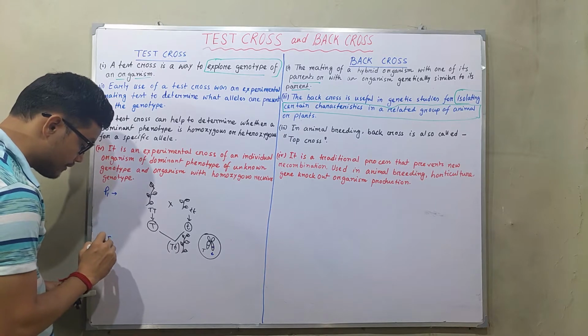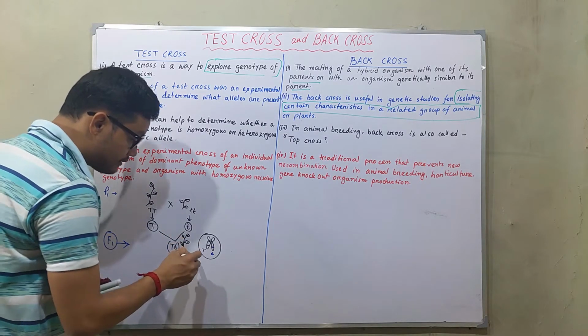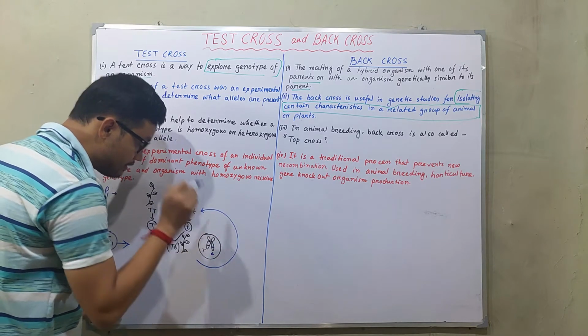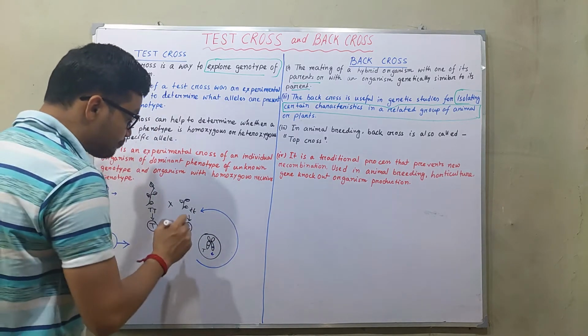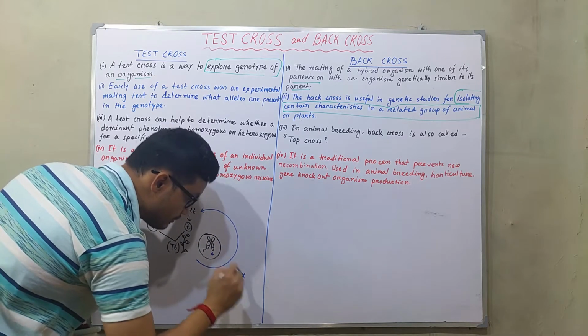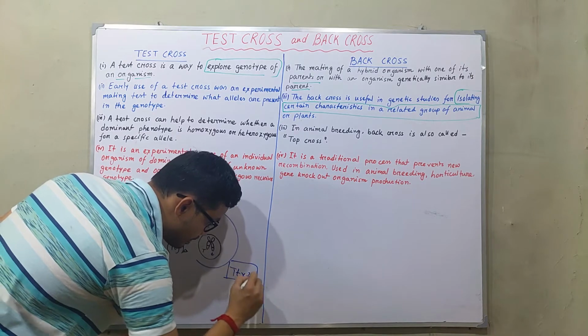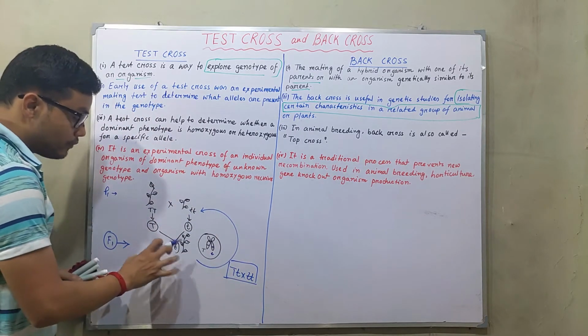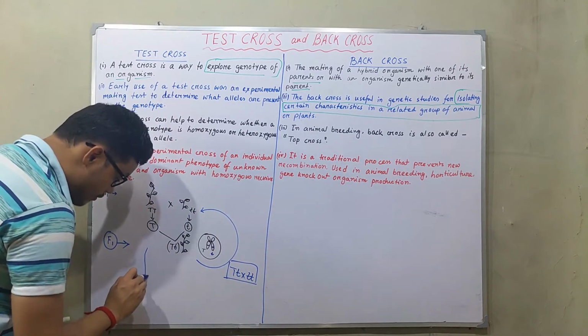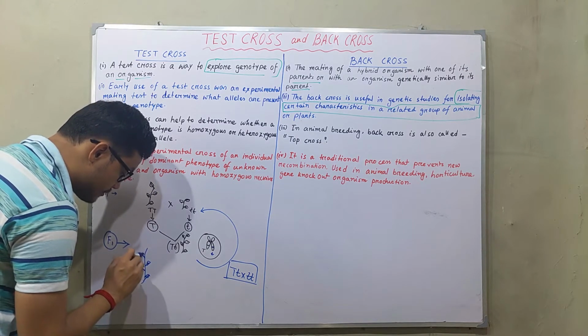Whenever we cross this F1 genotype with the double recessive parent, small t small t, we get a genotype of this particular plant. So we get a long pea plant, but it is of unknown genotype, right?